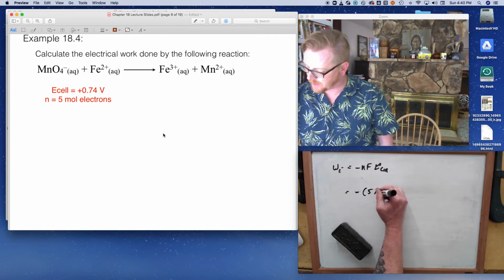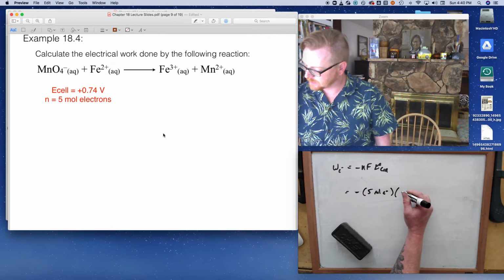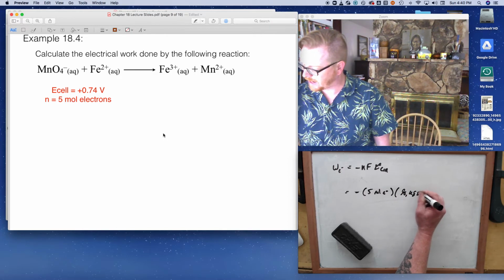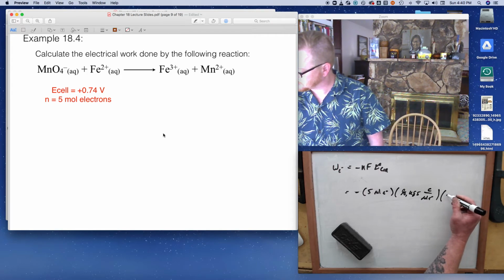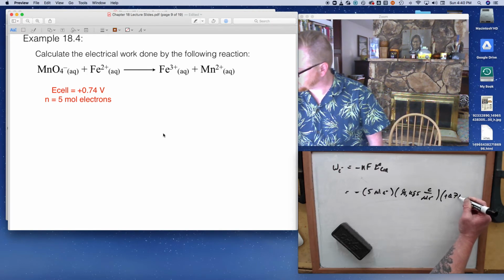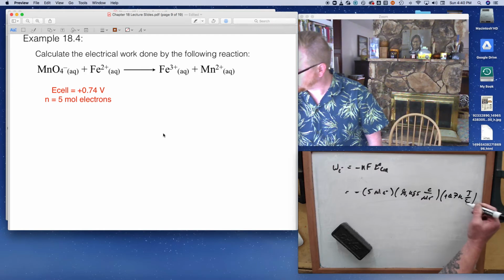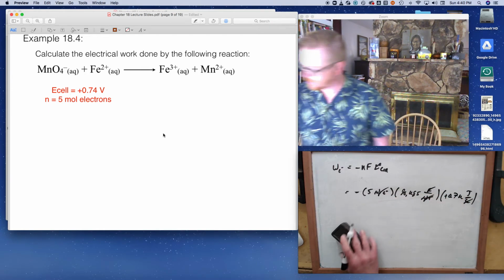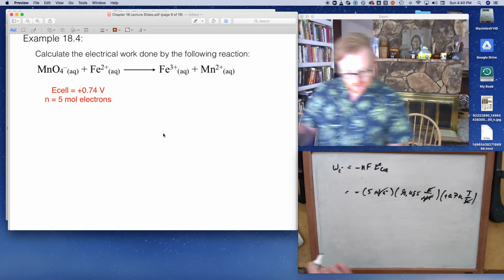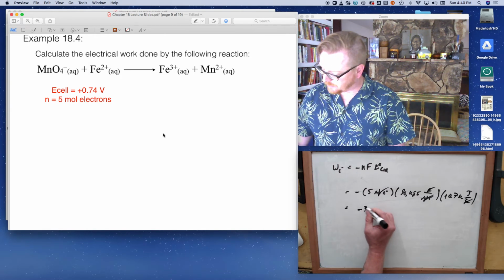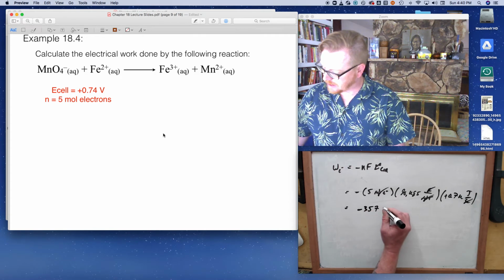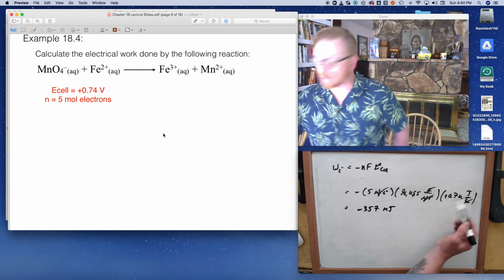Negative 5 moles electrons times 96,485 coulomb per mole electrons times positive 0.74 joules per coulomb. Coulomb, coulomb, moles, moles, all cancels. Then what you get is negative 357 kilojoules.